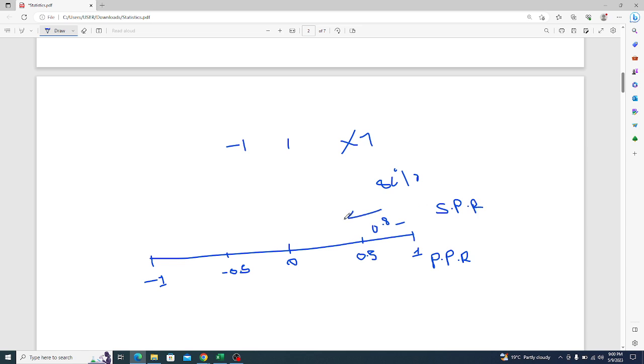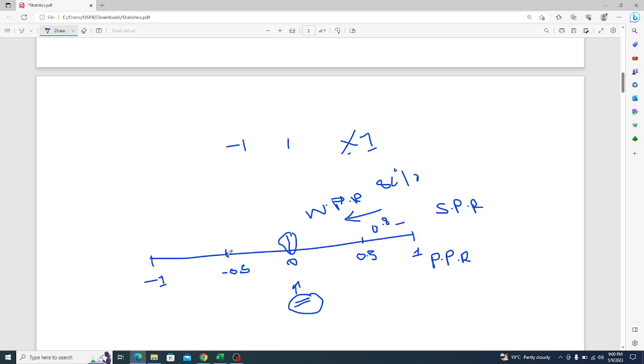Anything less than that becomes a weak positive relationship, down to 0. Then we said 0 means that we don't have any correlation, or there exists no relationship between the two variables. Okay. Yes. All right.